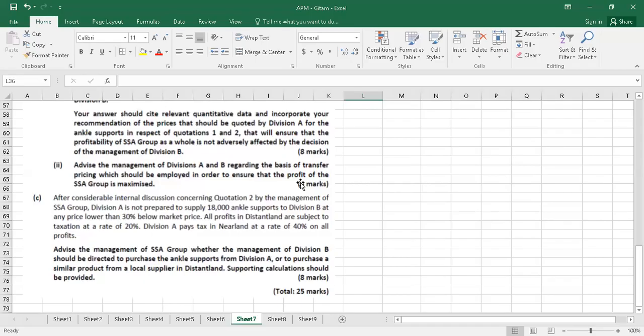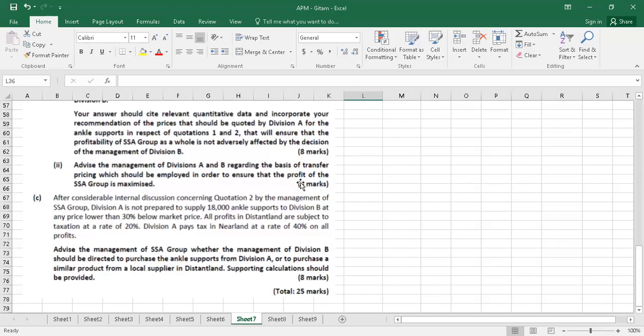Here we need to bring in one more aspect, which is the tax rates. Advise the management of SSA Group whether the management of Division B should be directed to purchase the ankle supports from Division A, or to purchase a similar product from a local supplier in distant land. Supporting calculation should be provided. So let's say that because tax rates are applicable, 20% is in distant land, 40% is in near land.